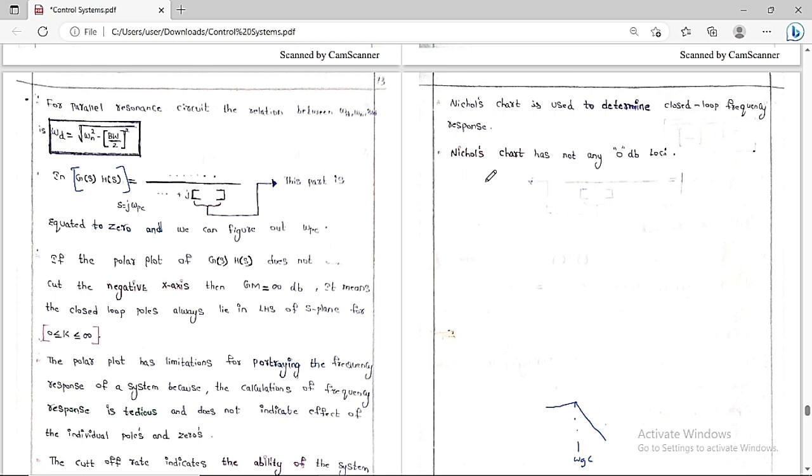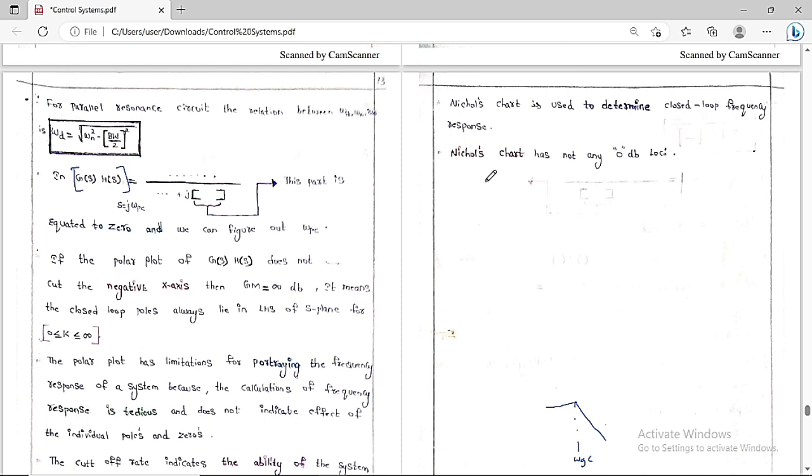And in the Nichols chart, there is nothing like a 0 dB loop. So these two things always keep in mind.